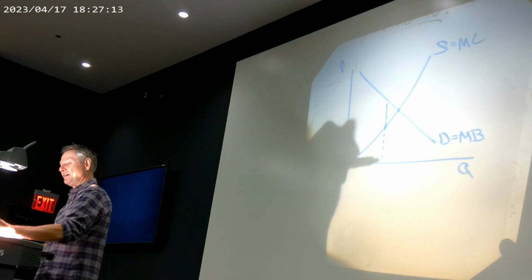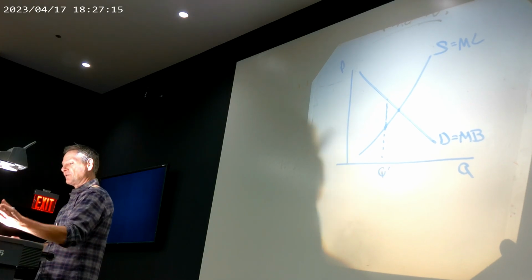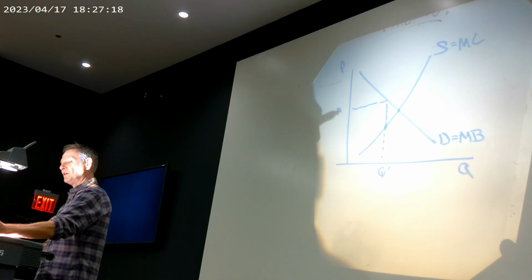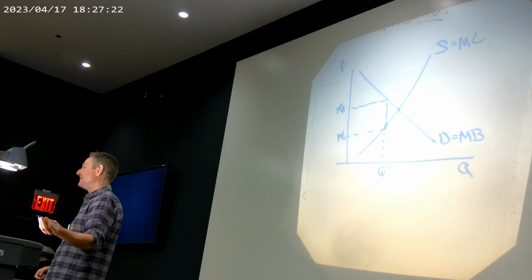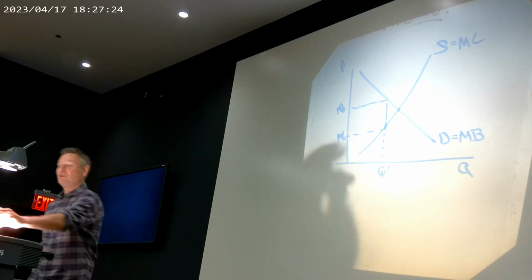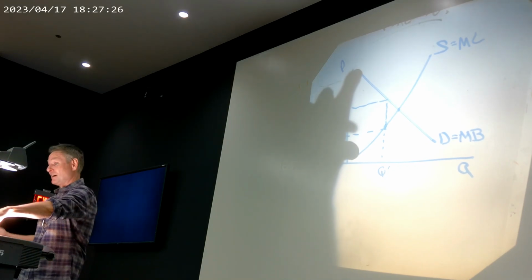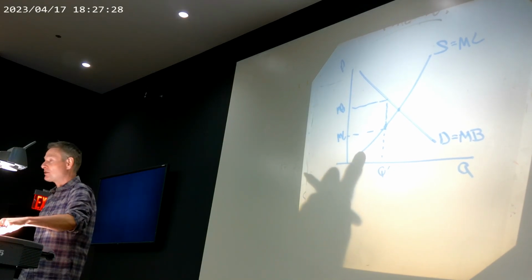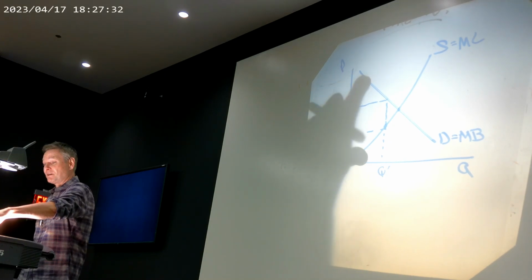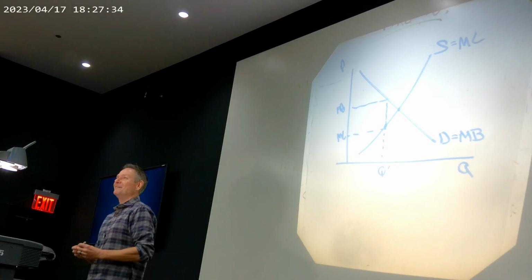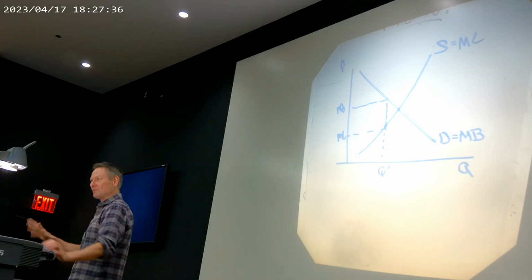For this unit, say I'll call it Q prime, marginal benefits are here and marginal costs are here. Every time a unit is produced at a cost here and exchanged, creating benefits up here, society wins. That was the consumer surplus, producer surplus stuff we talked about before.